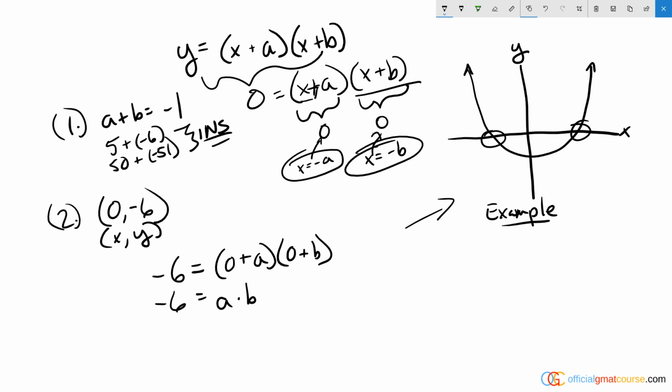So I have two numbers that when multiplied give me -6, and when added together give me -1. Now there's only one pair of numbers for which this is possible, and that pair can be found by looking at the factors of -6.